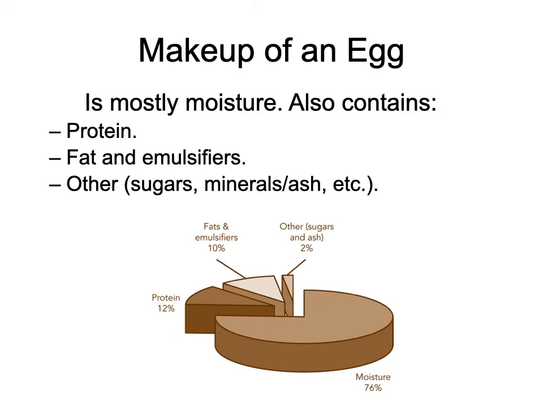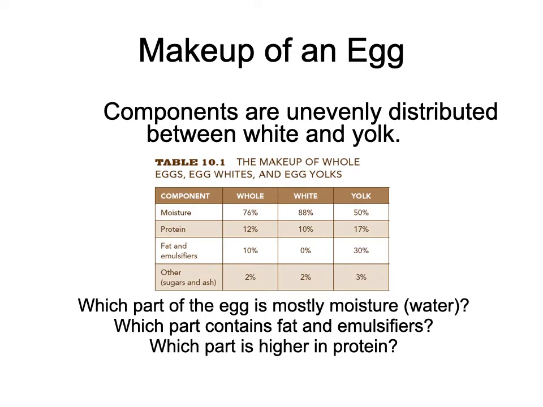And then there are other things like sugars and what they call ash or minerals. Generally, eggs are very good for you. They're very rich in nutrients, but there is cholesterol in an egg, and that's something some people watch in their diets. So the components are unevenly distributed between the white and the yolk.